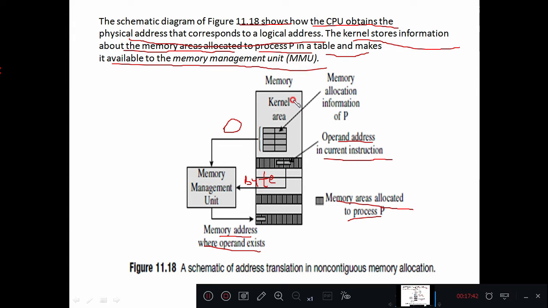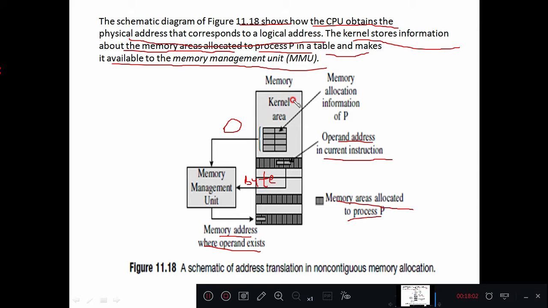So this is the schematic diagram of address translation in non-contiguous memory allocation. This calculation is not required in case of contiguous memory allocation, because contiguous memory is allocated to a particular process.